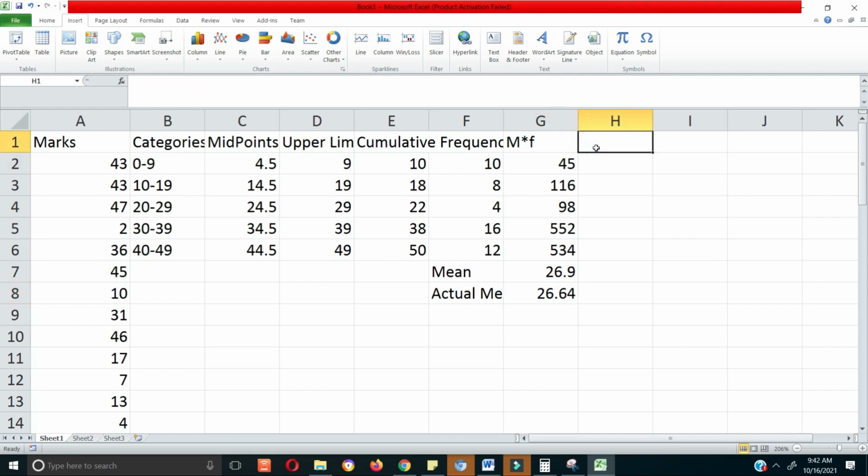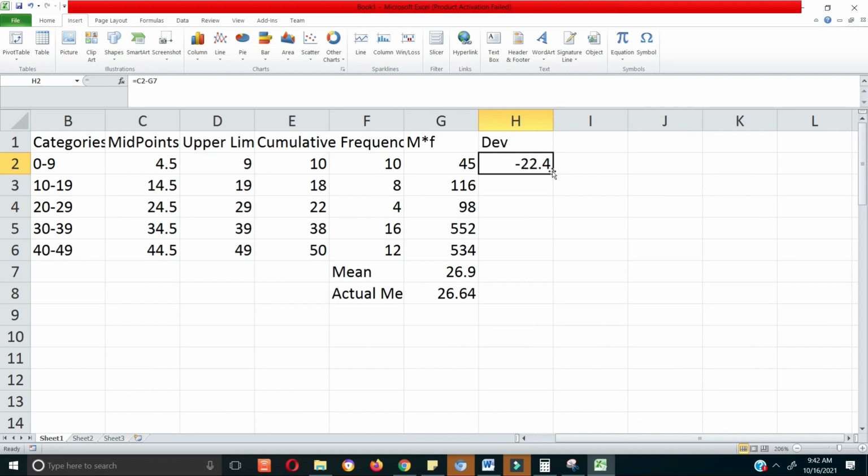So here we have our deviations. So the deviations are the midpoints. What happened? So the deviations are going to be these midpoints minus the mean, the group mean that we computed. So these are midpoints.